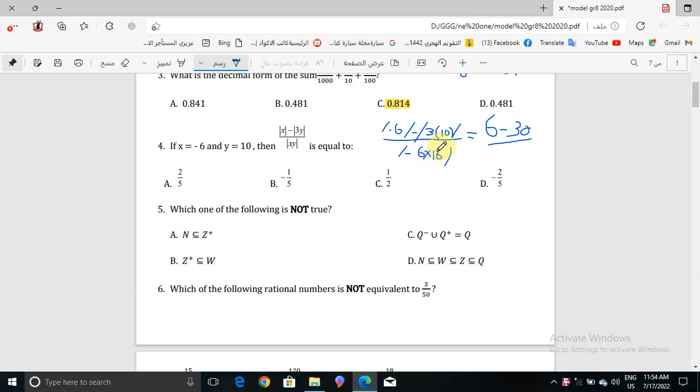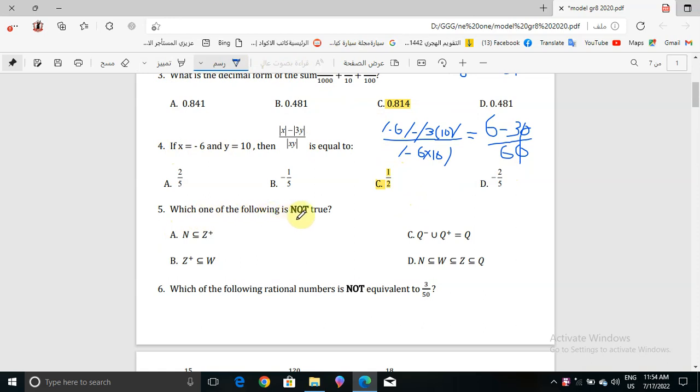When we take it out, it will be positive 60, right? So the answer is 6 minus 30 over 60. Then cancel the zeros: 6 minus 3 is 3 over 6, which is 1 over 2. So the correct answer for question number 4 will be choice C, which is 1 over 2.